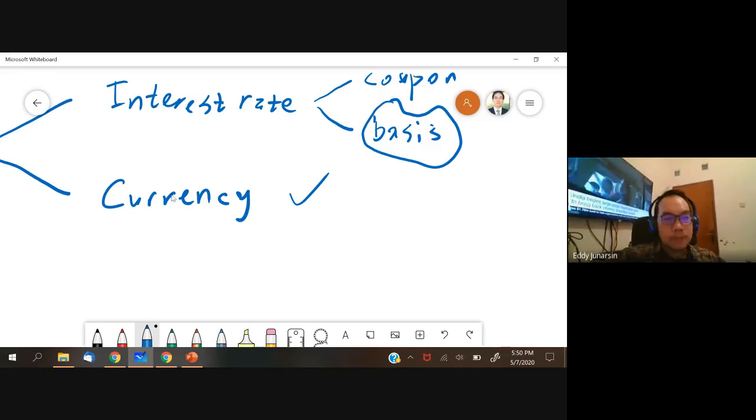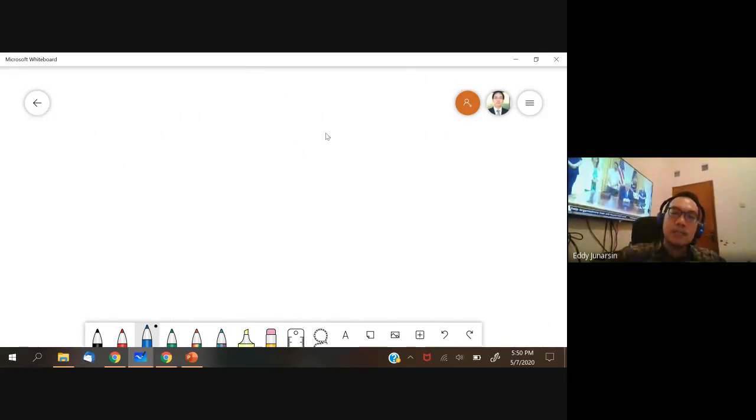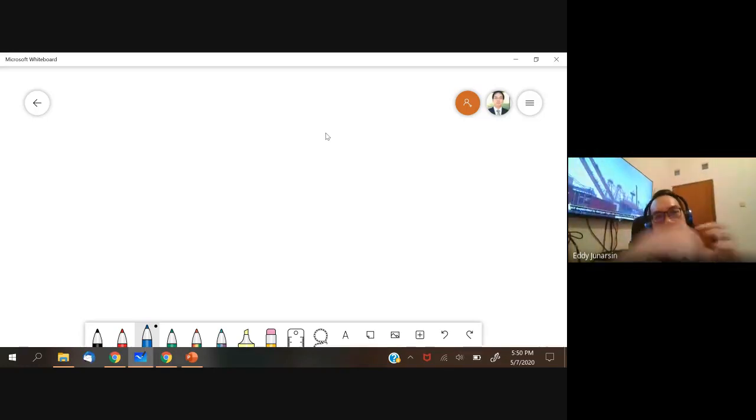interest rate swaps. Okay, so why is it that swaps become the mostly used derivative product compared to forward or futures and options?